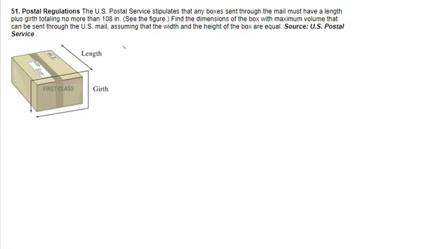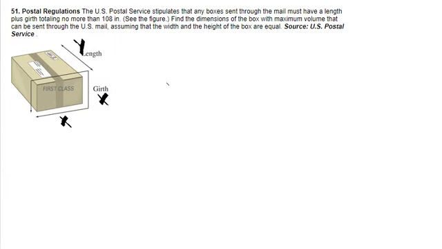So if we suppose that the height and the width are equal, we can just say that each is x, and the length is y.